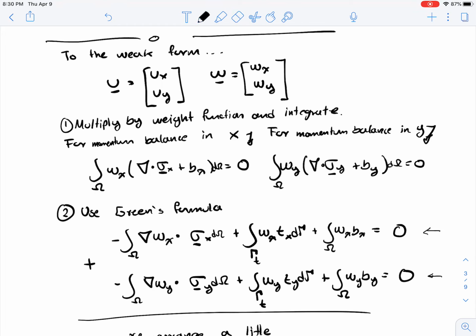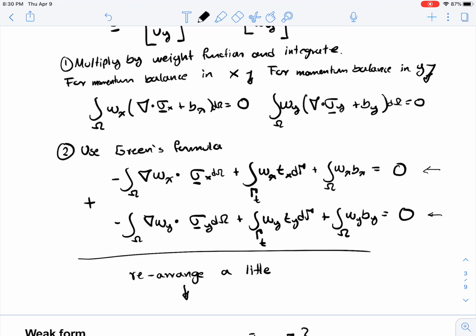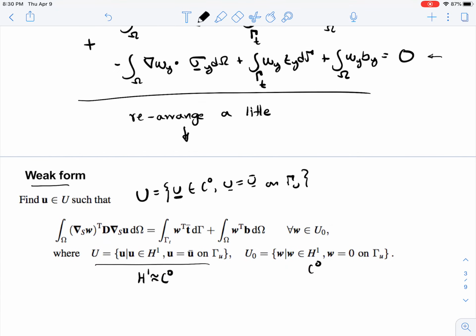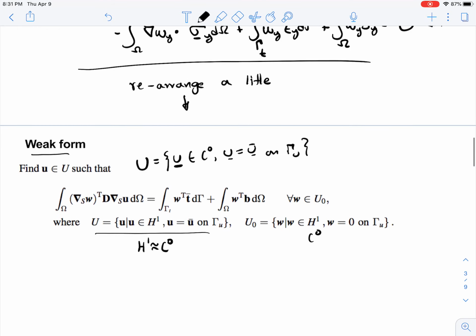Again, you can go through the details on your own, but hopefully the main idea is clear: multiply by weight functions, do integration by parts. And in this case, you can combine both equations to get a single nice looking equation, which is the weak formula that we're going to use. And it has the same structure as the heat transfer problem.